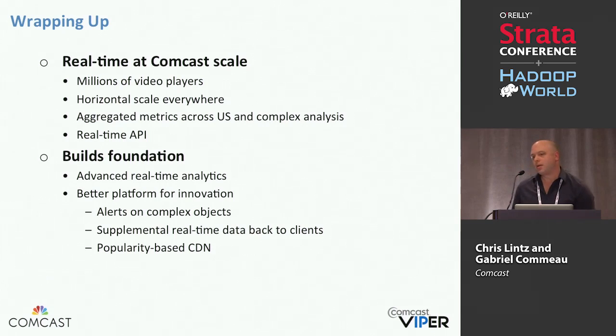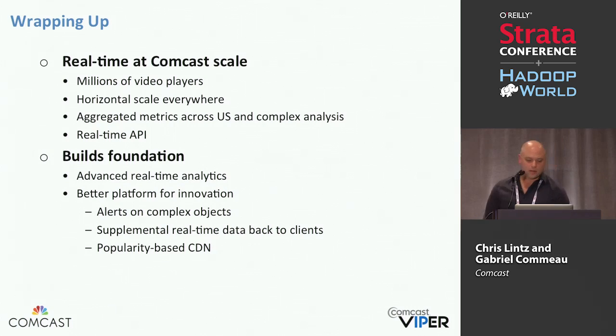But we're basically able to aggregate statistics across the entire U.S. as well as glue on to individual streams for complex analysis. And we like to say we gave a gift to a number of groups in Comcast because we're able to package up a real-time API into something that's familiar with them.